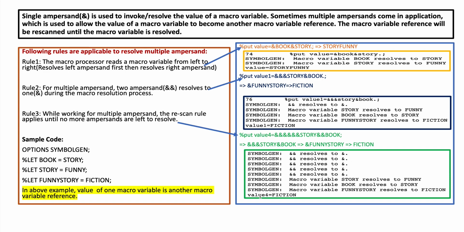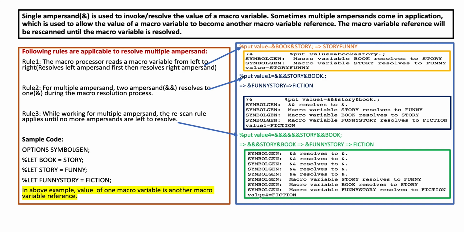A single ampersand is used to invoke, that means to resolve, the value of a macro variable. Sometimes multiple ampersands come into application, which is used to allow the value of a macro variable to become another macro variable reference. That means if the value of a macro variable is used as another macro variable name, then in such a condition we use multiple ampersands.